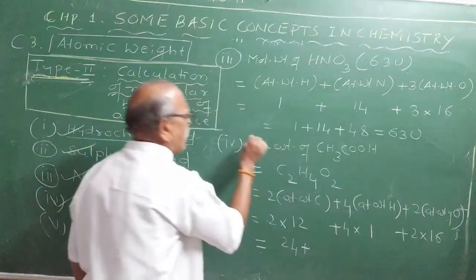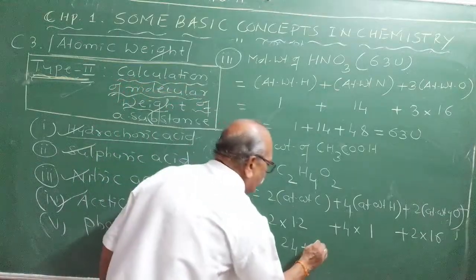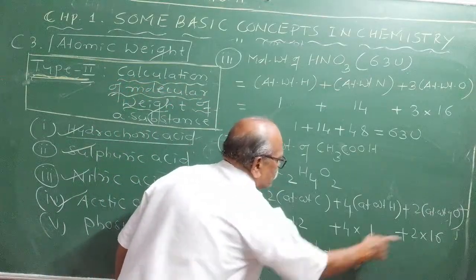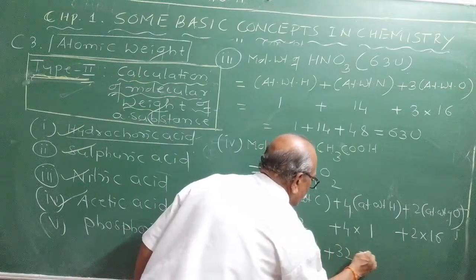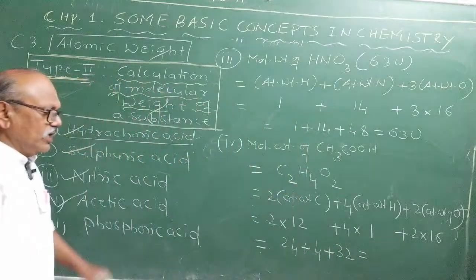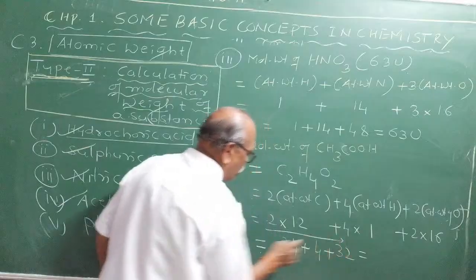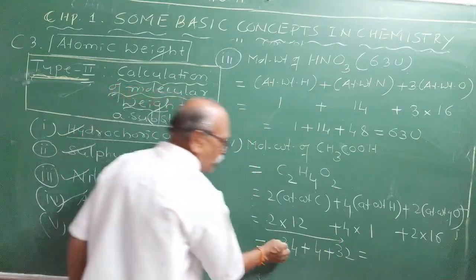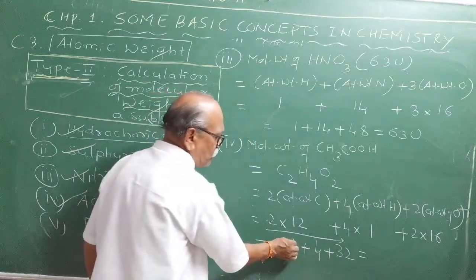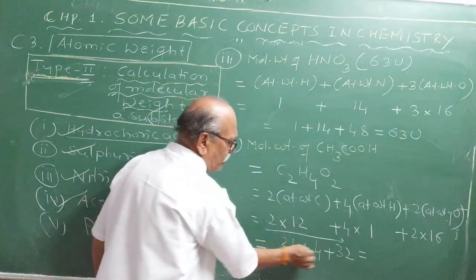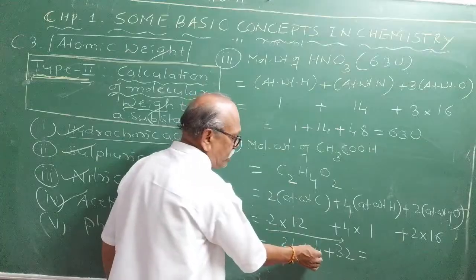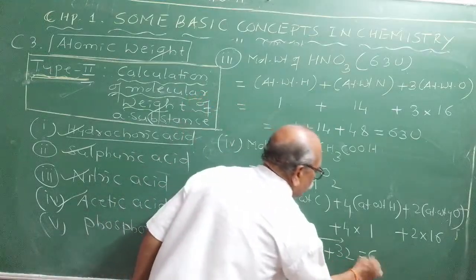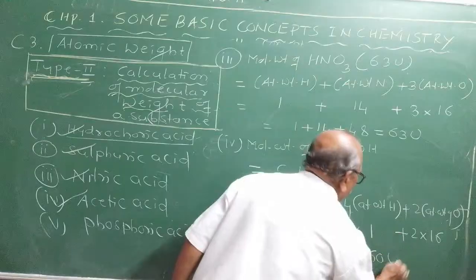Remember them, they are regularly used compounds in the laboratory. 16 twos are 32. Now calculate from left to right: 20 plus 30, 50. First you add tens. 50 plus 4, 54. 54 plus 4, 58. 58 plus 2, 60. 60 is the unified mass.